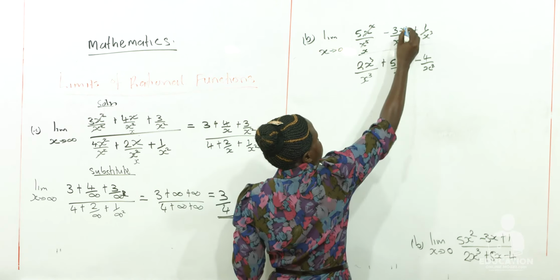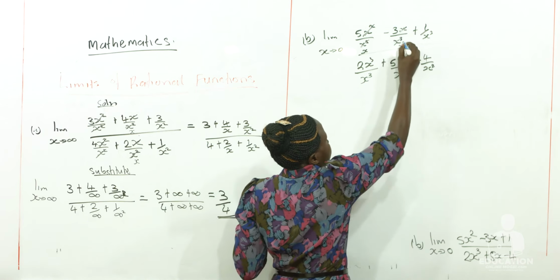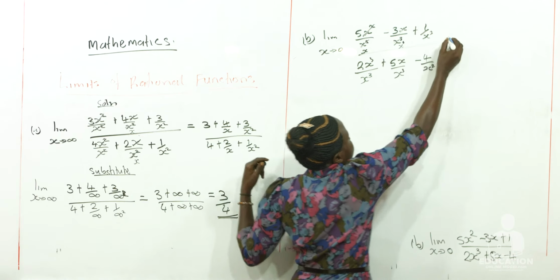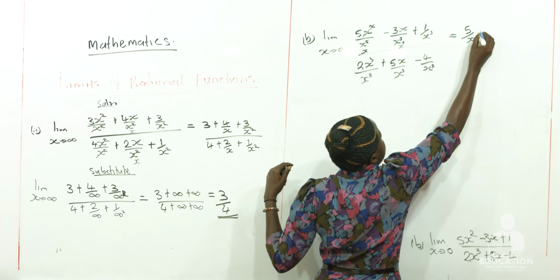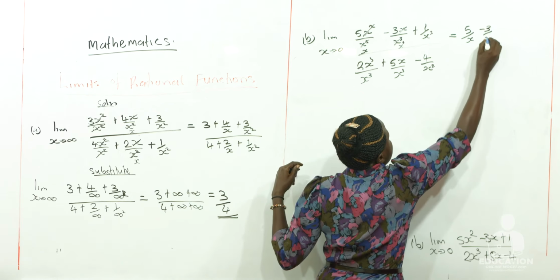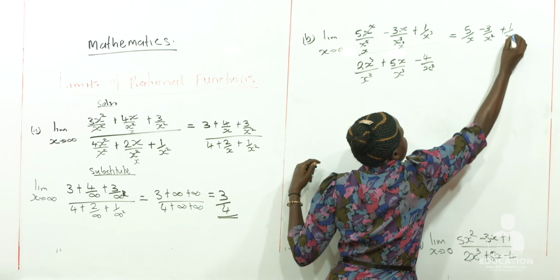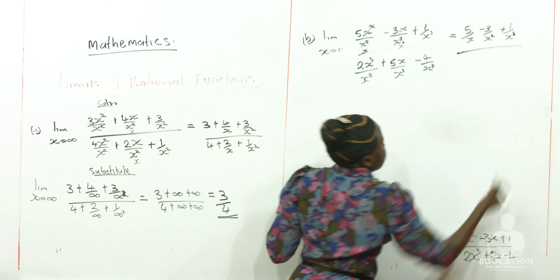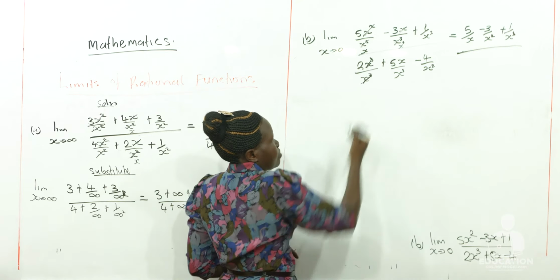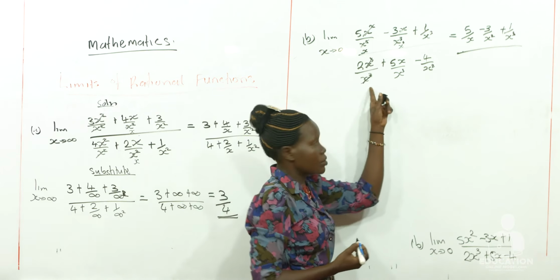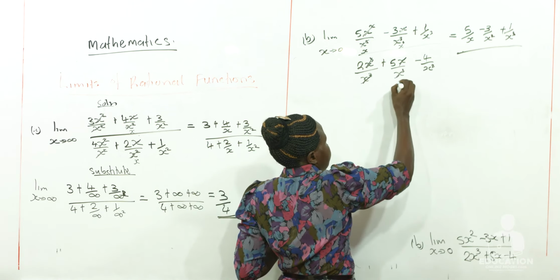And here 1x will go and you remain with the x square. And here it cannot. So our numerator will be 5 out of x, minus 3 out of x square, plus 1 out of x cube. Then all over this: the x cube will cancel, and here x will cancel with x and remain with x square.